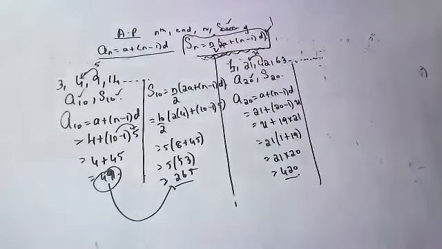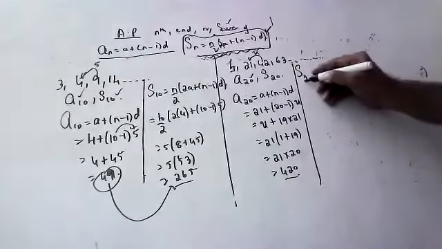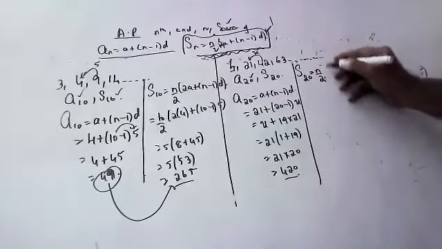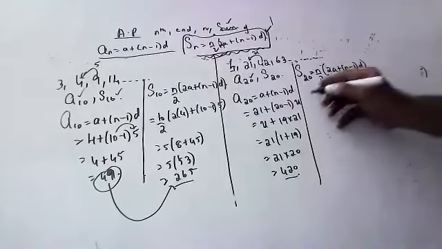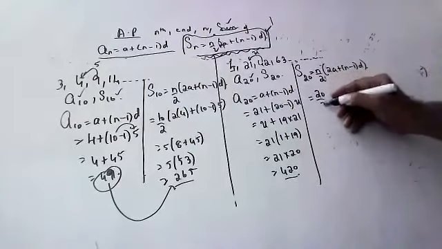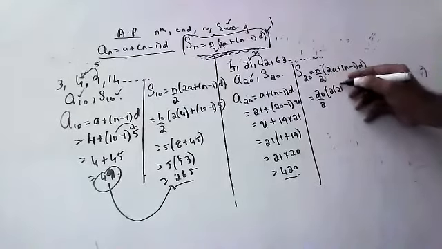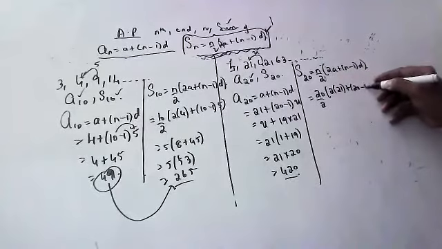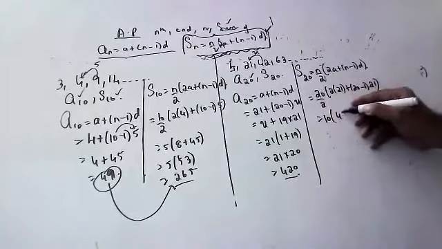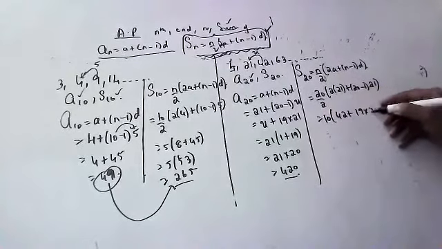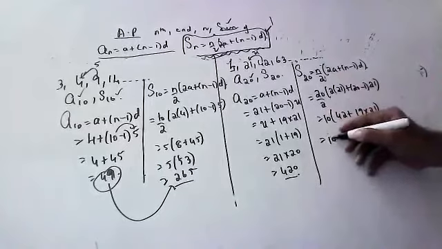Okay, Ishika, now you tell the sum of 20 terms. S20 is equal to n by 2 into 2a plus n minus 1 into d. So 20 by 2 into 2 into 21 plus 20 minus 1 into 21. Then it's 10 into 42 plus 19 into 21.